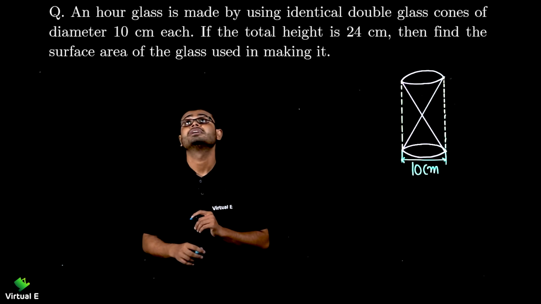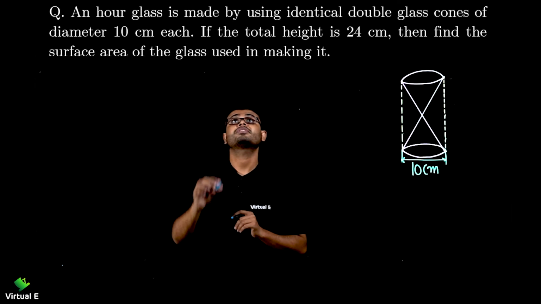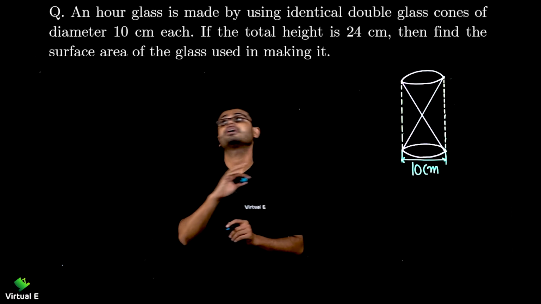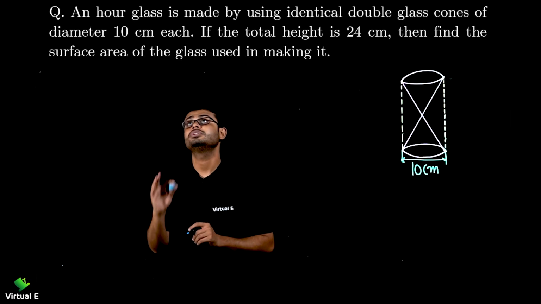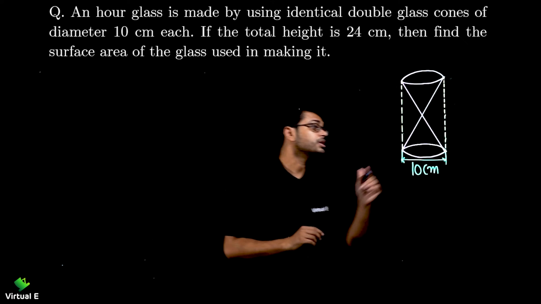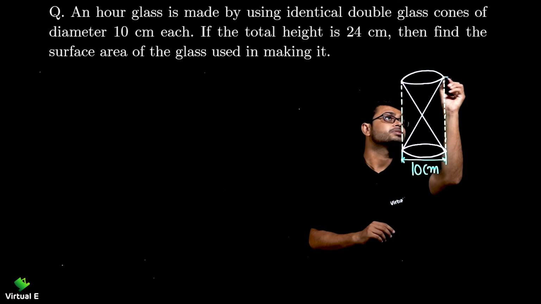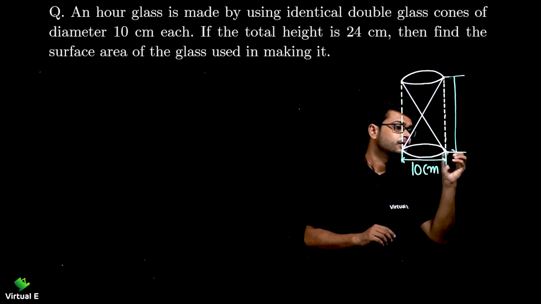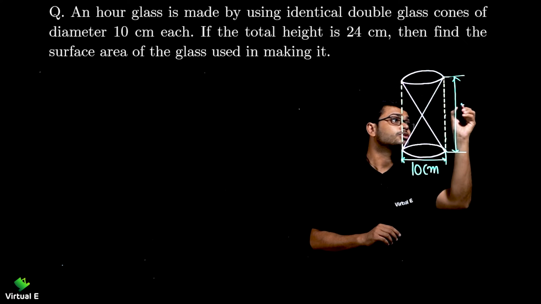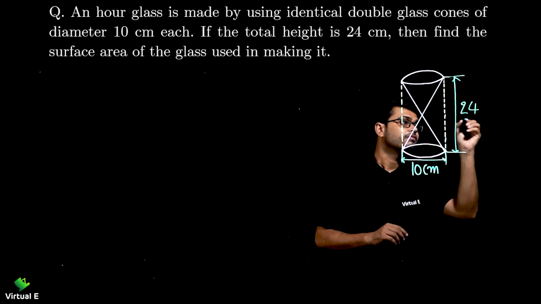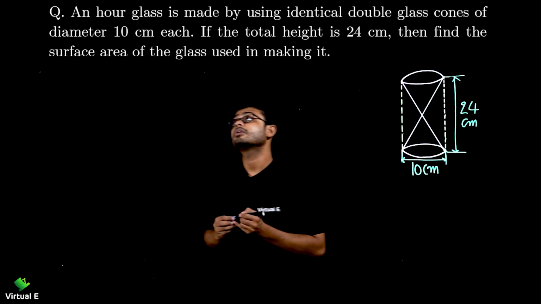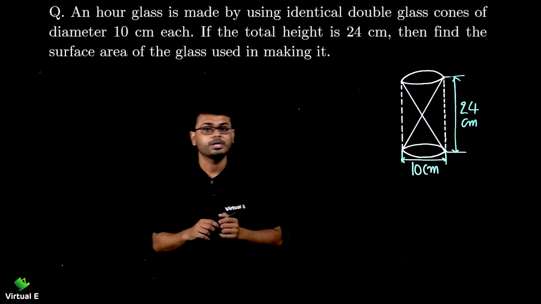Nice. If the total height is 24 centimeter, then find the surface area of the glass used in making it. So total height is also given, which is 24 centimeter. Remember, when we talk about the total height, we are talking about two cones, not only one.